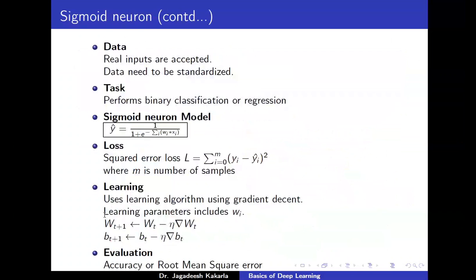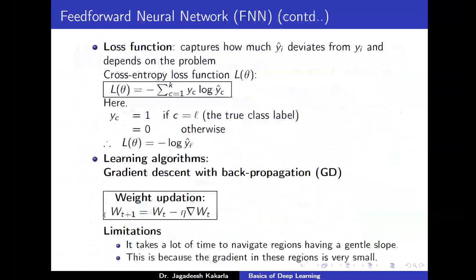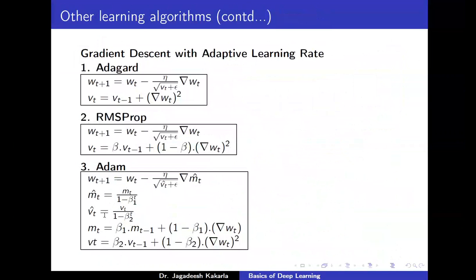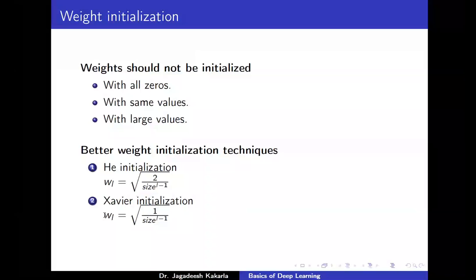So how should we give these weights? Weights should not be all zeros. Weights with the same values you should not give. If you give very large values also, then some of the neurons may die.